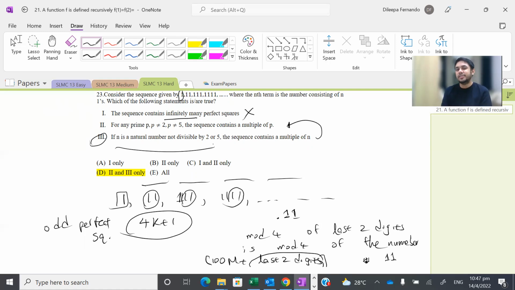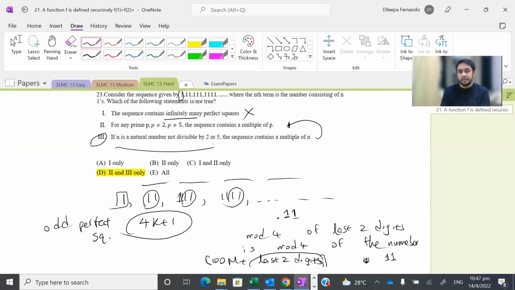These are just observations, not directly mapping to the question. If a number is divisible by 2 and 5, that means the number is divisible by 10. You can also observe that the difference between any two terms is a multiple of 10.